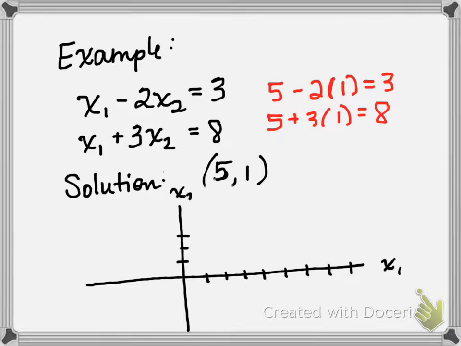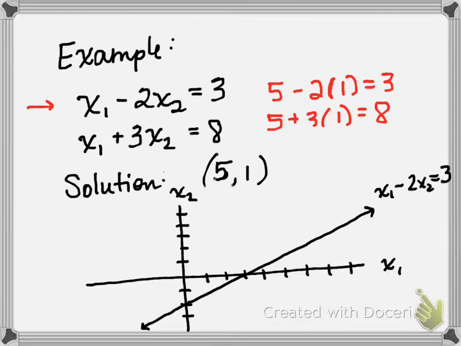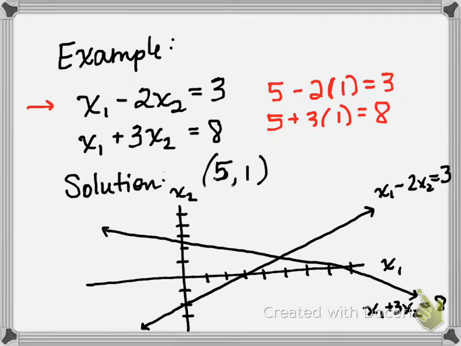So what does this mean graphically? Graphically, we visualize all the solutions to this first equation as a line. It's this line here. Each point on that line is a solution to that equation, and every solution to the equation is a point on that line. And here is roughly the graph of the equation x1 plus 3x2 equals 8.